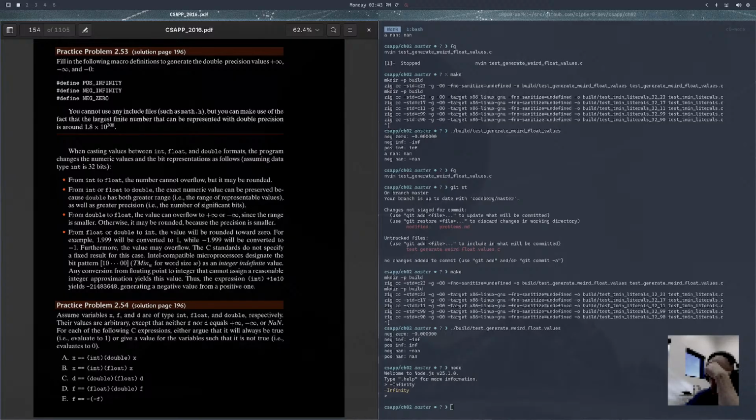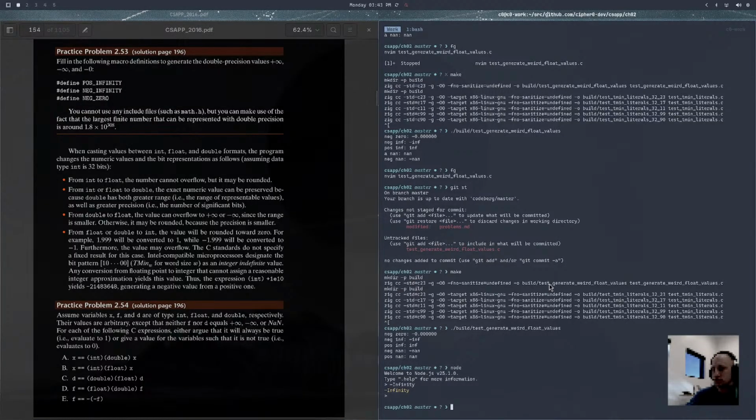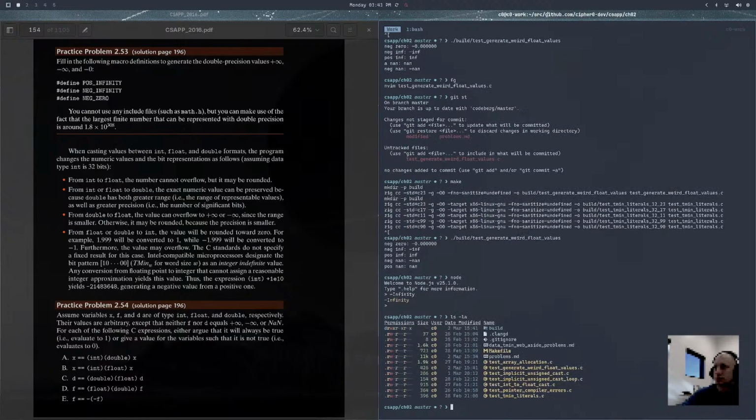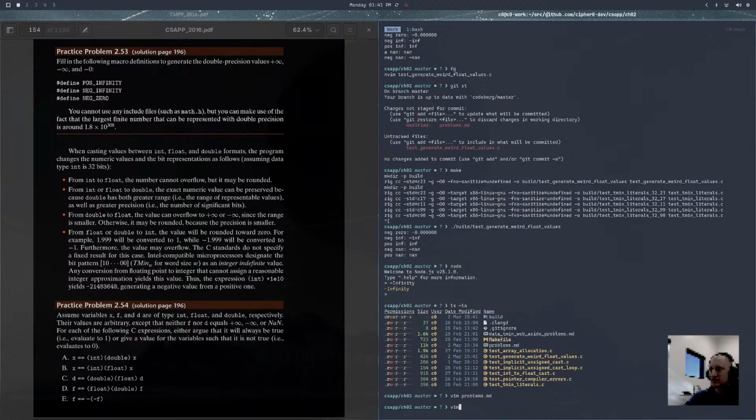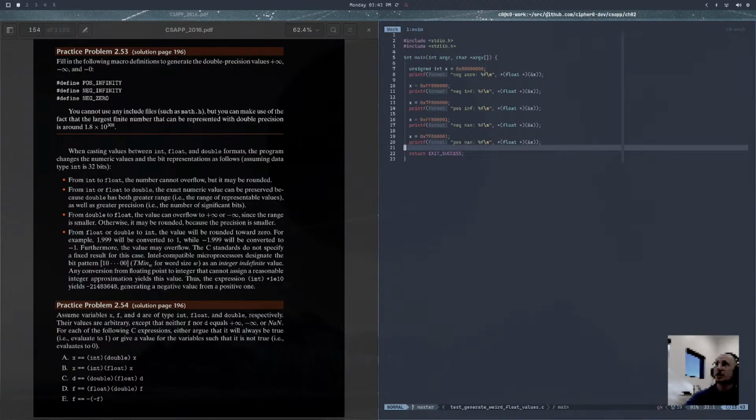Okay. I guess we could do some math, but I'm going to avoid doing math and just do the bit patterns. So I'm actually going to do this problem. So this is 2.53, because I kind of already did it just now in this test generate weird floats. So I'm going to do a different one now.